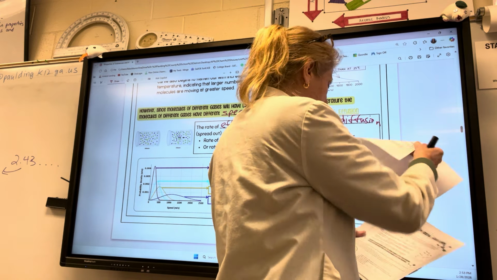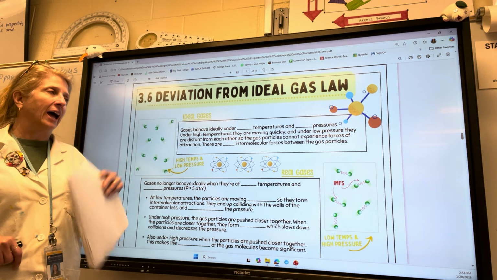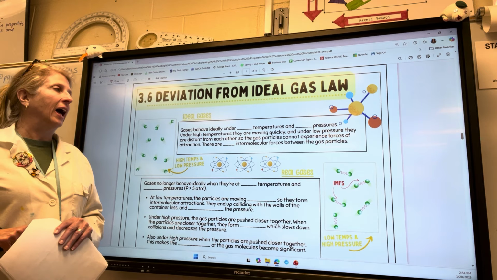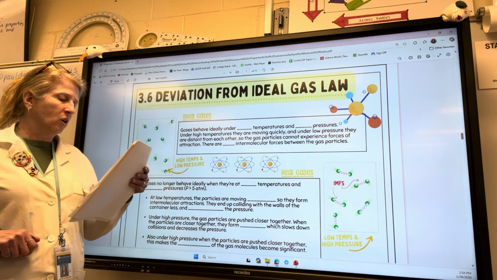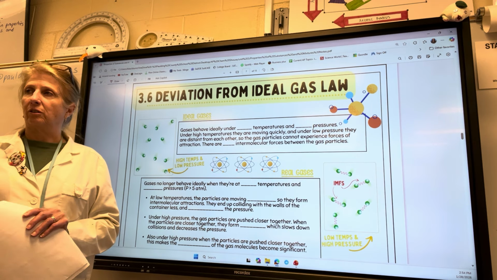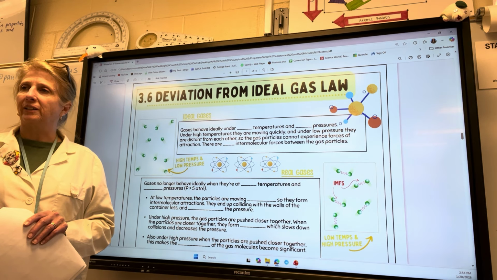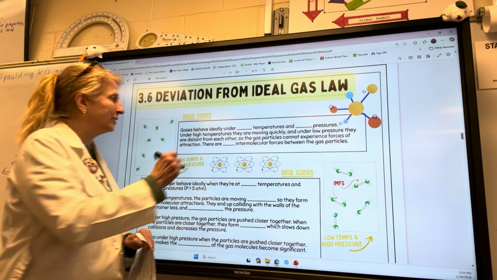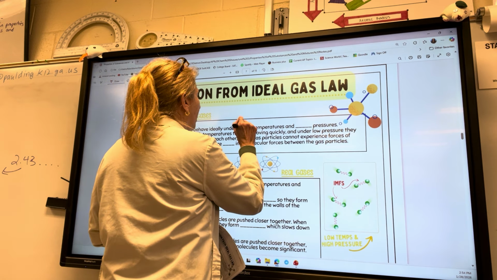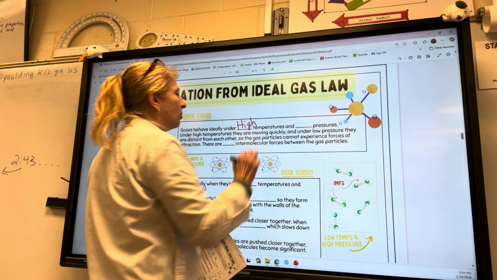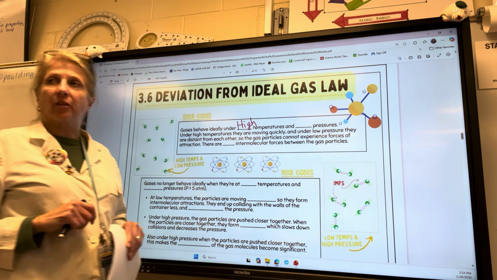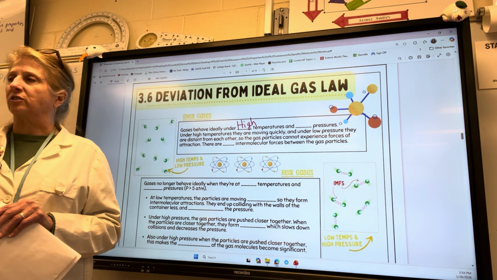Ideal gases. Gases behave ideally under high temperature or low temperature? Which one is it? High temperature, yes. Because if they're low, they slow down and they end up sticking together, like condensing. And are they ideal under high pressure or low pressure?